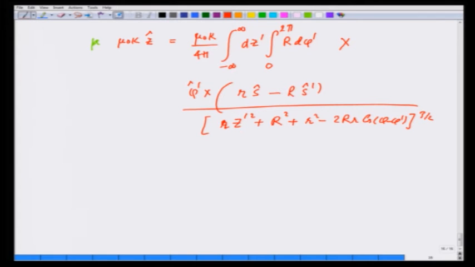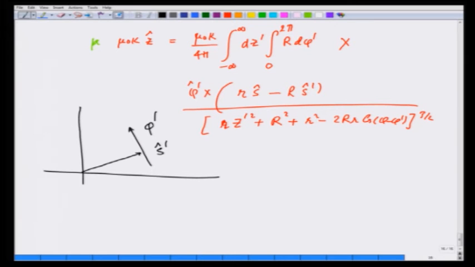Let us see what phi prime cross s is. So, let us look in this x y plane. Let us say this is s prime, this is phi prime, and this is s. This angle is phi prime, and the angle between s and s prime is phi minus phi prime.